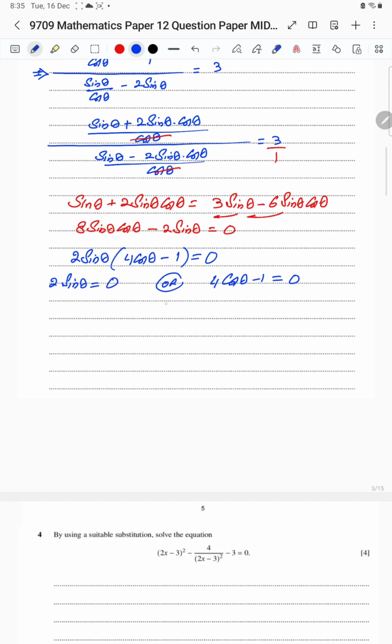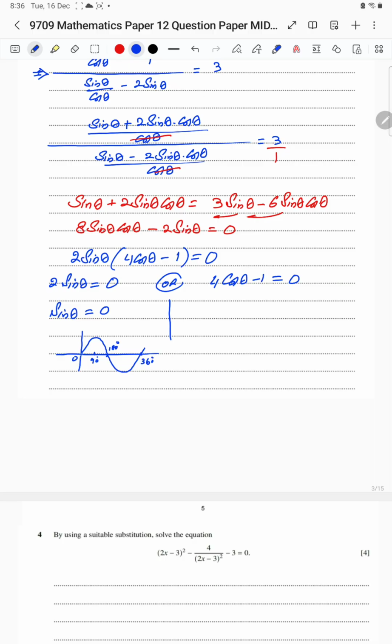Let's solve these one by one. Sin theta is equal to 0 by 2, which is 0. If you go with the graph of sin theta, here it is pi by 2, here is pi, let me write 90 degrees, 180 degrees, 360 degrees.